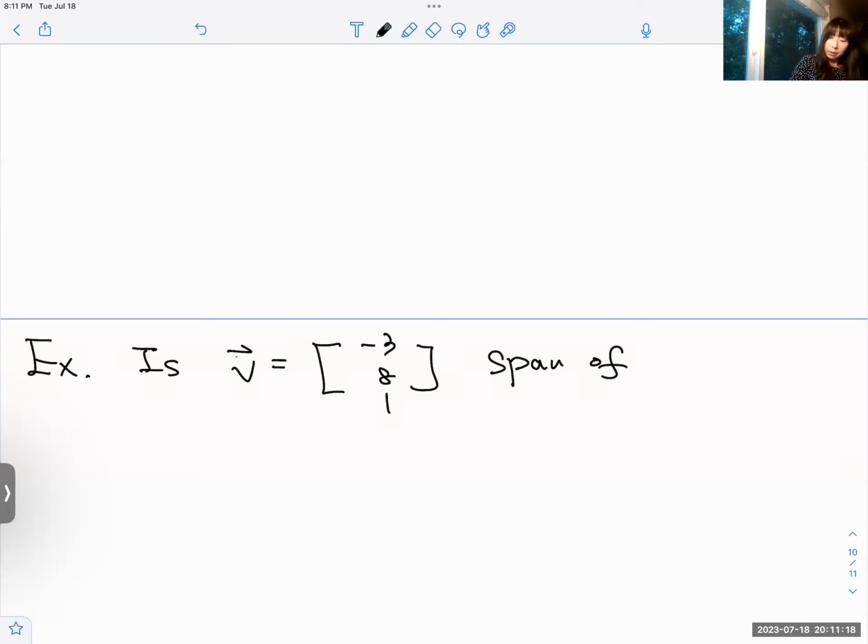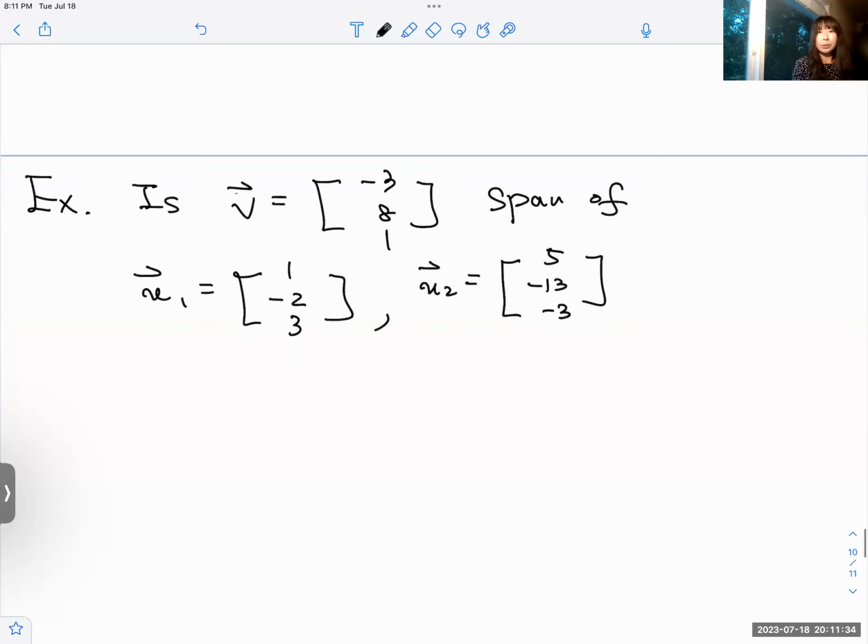So we have a matrix, not B. B equal to -3, 8, 1 is in the span of U sub 1 equal to 1, -2, 3, and U sub 2 equal to 5, -13, -3.